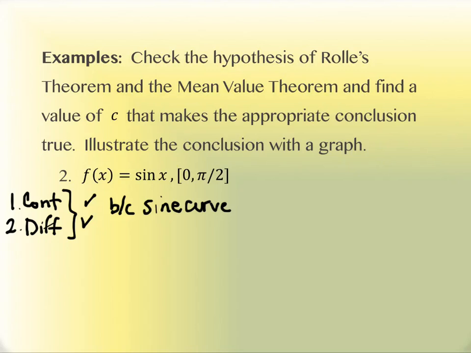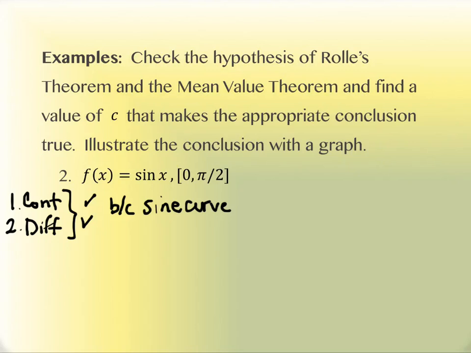Sure, you just have to avoid the asymptotes, right? So if you looked at the tangent graph and you only looked between negative pi halves and positive pi halves, we'd be good to go as well. Because tangent curves are continuous between negative pi halves and positive pi halves. So that would be an example where the interval you were looking at would determine whether or not it satisfied those conditions. These ones that we did didn't have that problem.